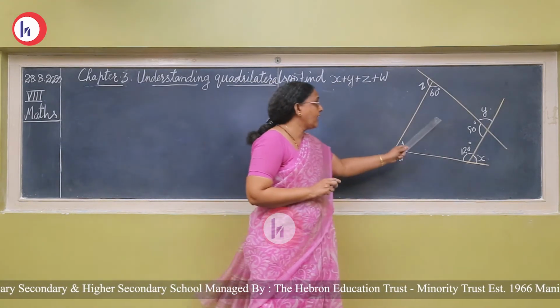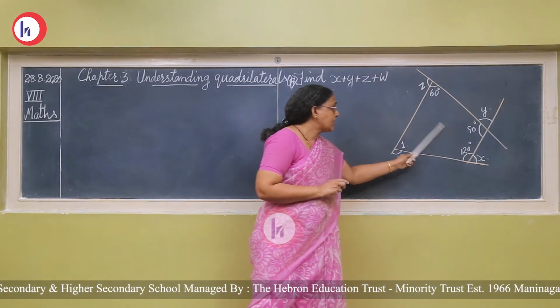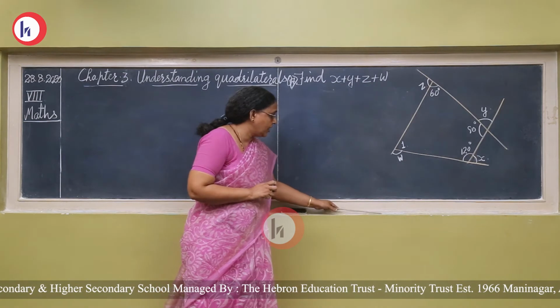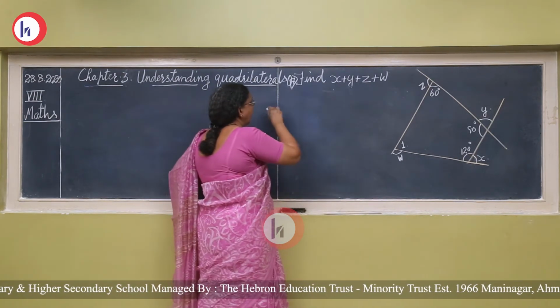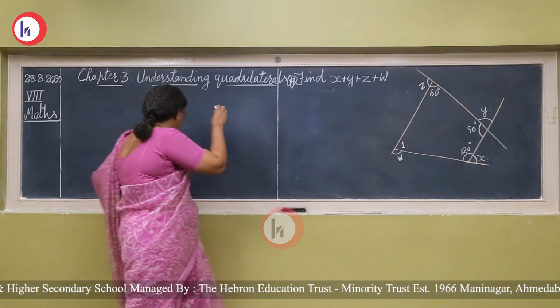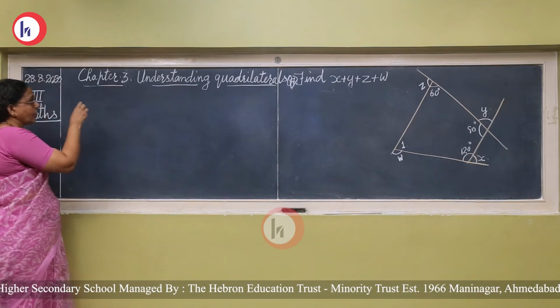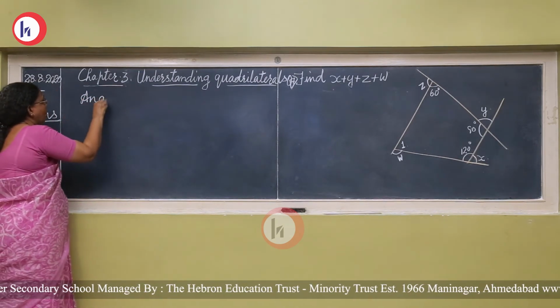So we can find the values of x, y, z, w by using the linear pair rule. But first, using the angle sum property, the sum of the angles of a quadrilateral is 360 degree. So first we find angle 1.